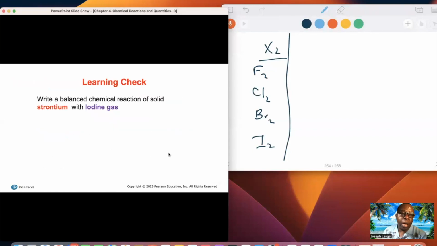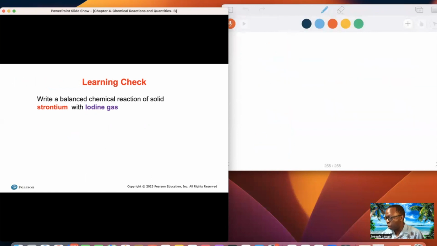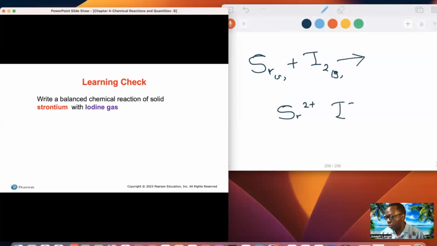Let's see, learning check: write a balanced equation between solid strontium and iodine gas. Strontium, Sr, you have to know the chemical symbols. This is solid Sr, plus iodine gas. This is diatomic. You have to know that strontium is in group 2, iodine is in group 7.